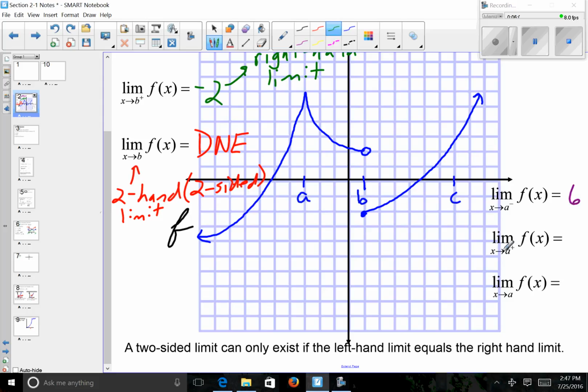Then finding the limit as x approaches a from the right of f, we have 3, 4, 5, 5.5, 5 3/4. That's looking like 6. Well, now, because the left and right hand limits are equal to each other, the two-sided limit, the limit of f as x approaches a, with no superscript implying it's from both sides, would also be 6.